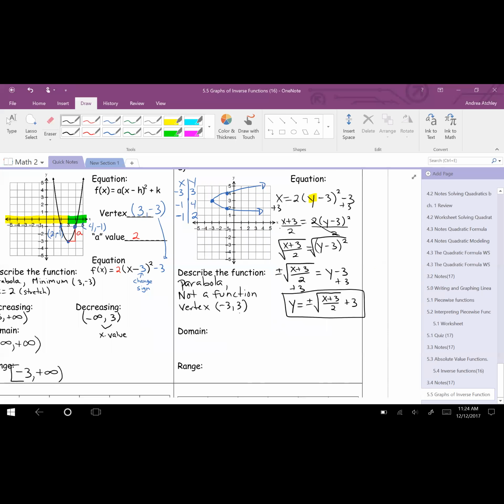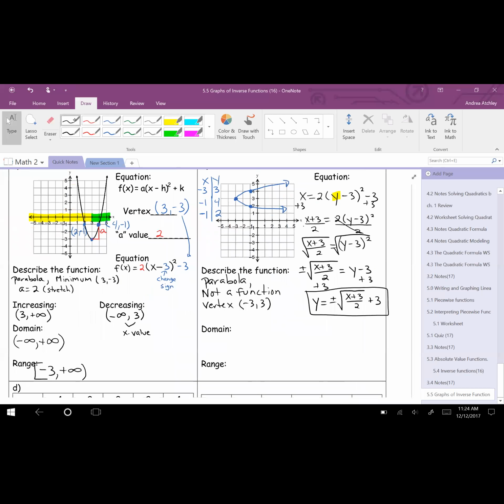Okay, this doesn't increase or decrease either because it's going to be doing both the whole time, basically. So we don't talk about increasing and decreasing on not functions. Then the domain. The domain should match the range of my original. So let's just check that. They should be matching though.